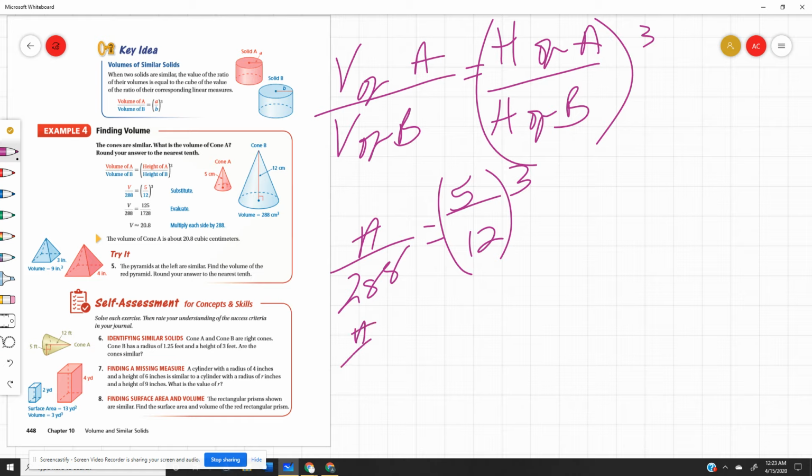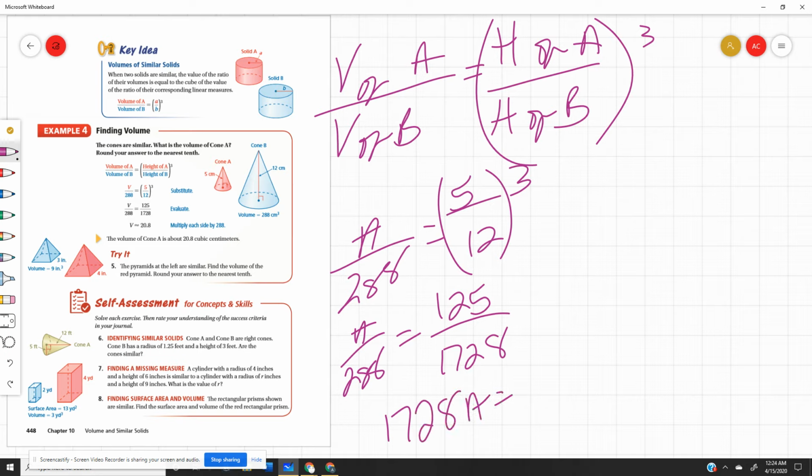So A over 288 is equal to 125 over 1,728. 1,728 times A is equal to 125 times 288, which is 36,000. Divide it by 1,728.